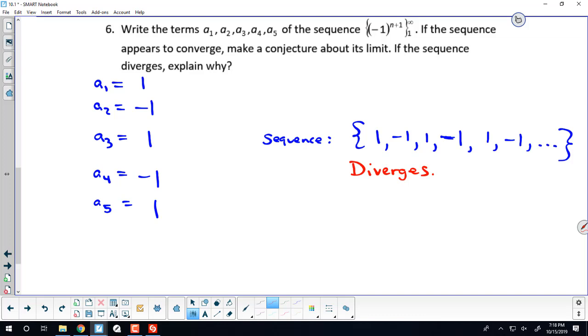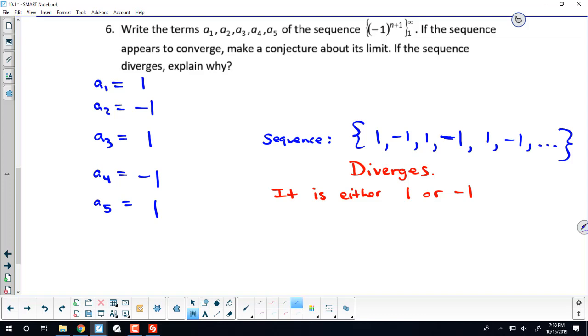Our explanation is it's either 1 or -1, and that's, however much we want to say, but it's not one specific finite number. Did you say it was oscillate? Yeah, we'll eventually look at varying terminology, but yeah, it does oscillate.